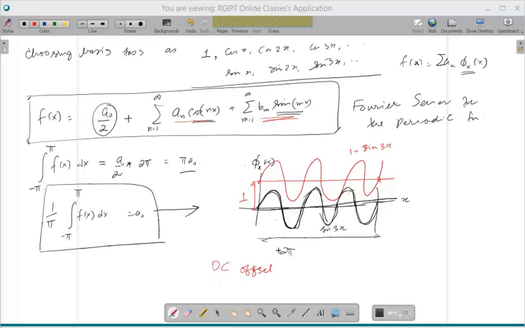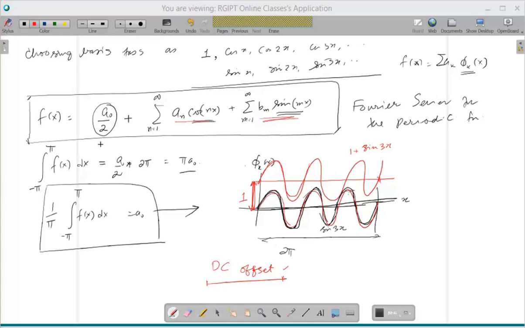It's equivalent to having an AC voltage or current that goes like this, and you add onto it a DC value, some kind of DC current, and the net value of the potential or current you are going to see will look like this. That means you have applied this much constant current, which is DC, and that's why it's called DC offset. This constitutes your DC offset, and the rest of it constitutes your signal, the oscillation.